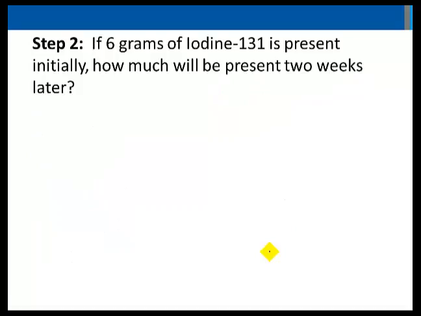Okay, so next, step 2. If 6 grams of iodine-131 is present initially, how much will be present 2 weeks or 14 days later? We use A equals A naught times e raised to the power kt. We remember that k is equal to the natural log of 0.5 over 8. And here I will plug in 6 grams for A naught, the amount we start with, and I will plug in 14 days for t.